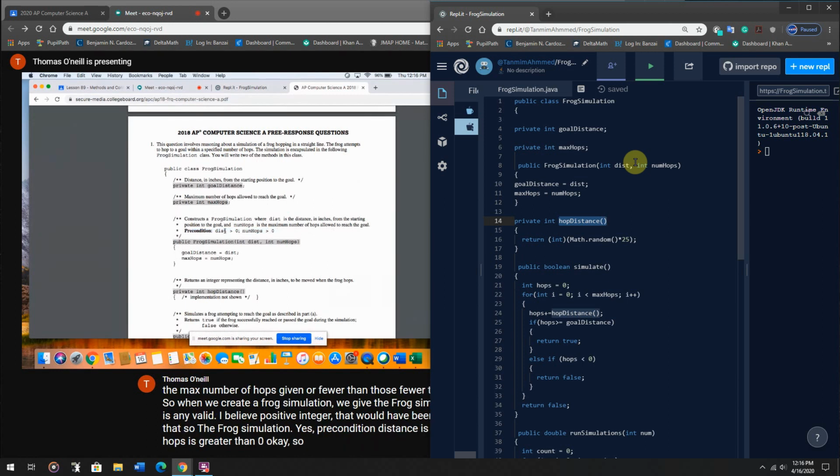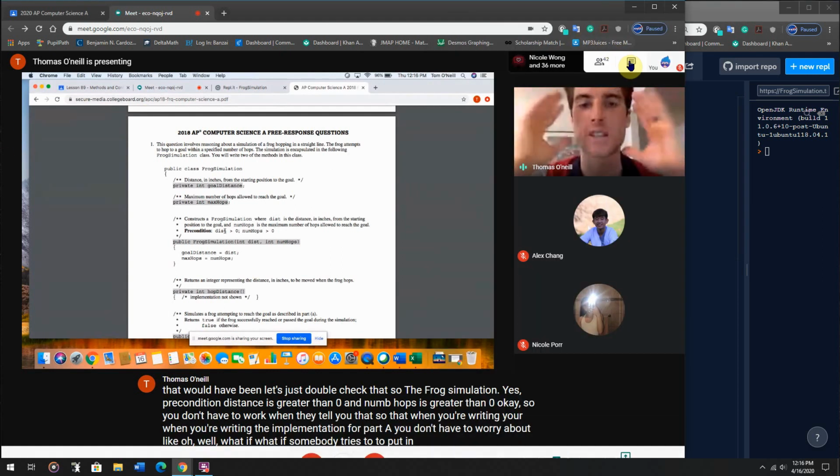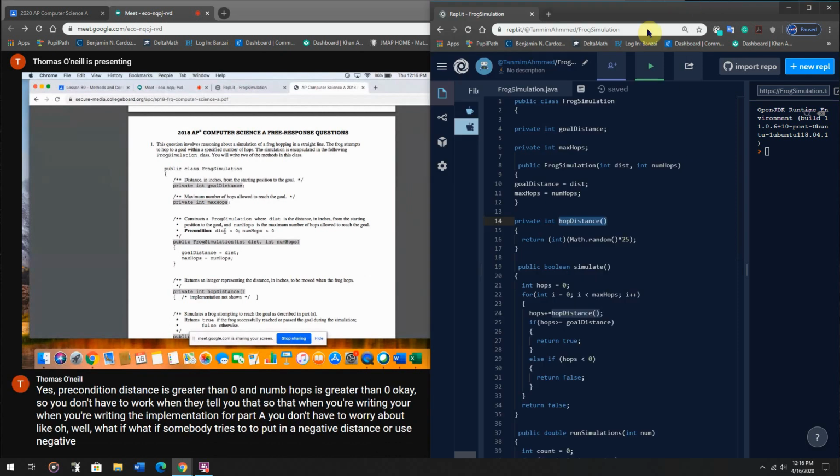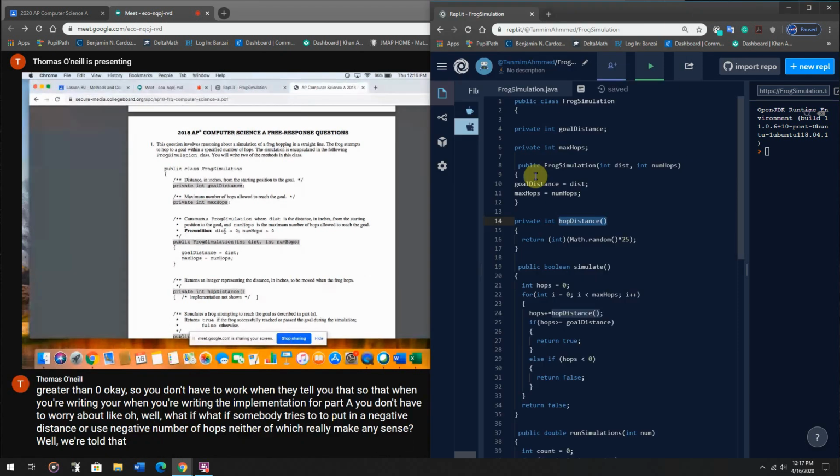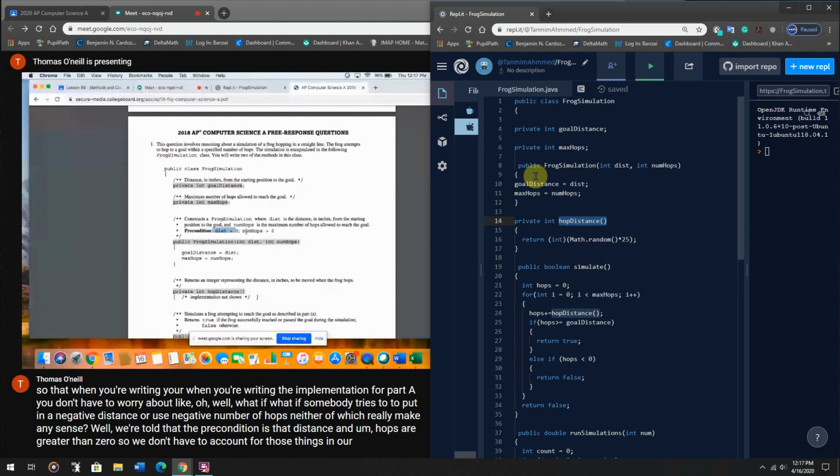Okay, so you don't have to worry, when you're writing the implementation for part A, about what if somebody tries to put in a negative distance or use a negative number of hops, neither of which really make any sense. Well, we're told that the precondition is that distance and numHops are greater than 0, so we don't have to account for those things in our solution.